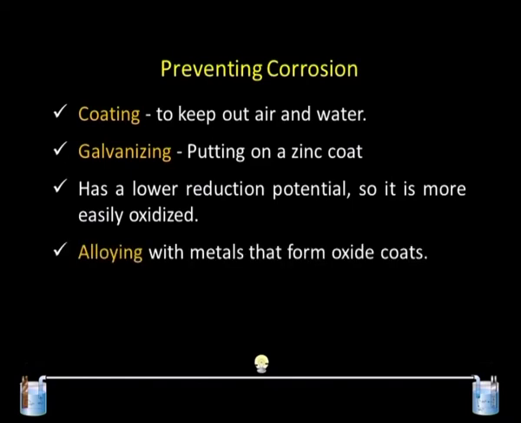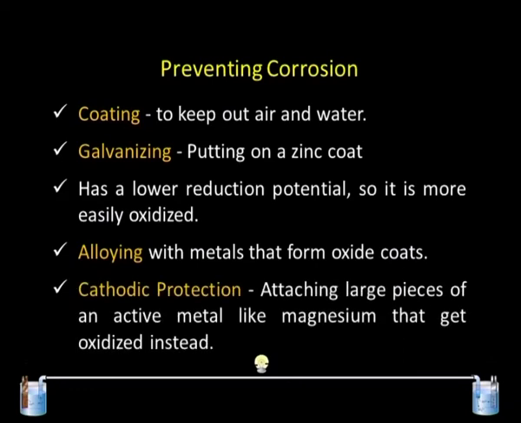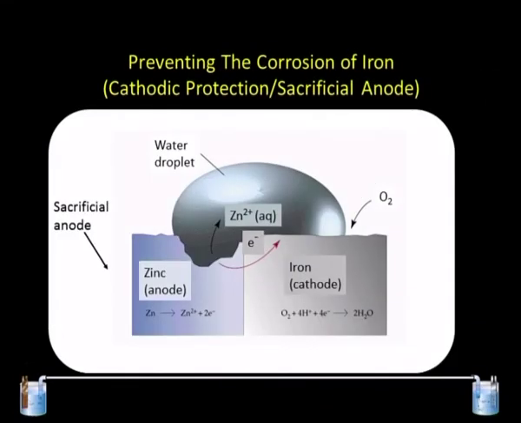Alloying the metals to form oxide coats, and the last one is cathodic protection, that is attaching large pieces of an active metal like magnesium that get oxidized instead of iron. This is an example of preventing the corrosion of iron by cathodic protection, that is a sacrificial anode.